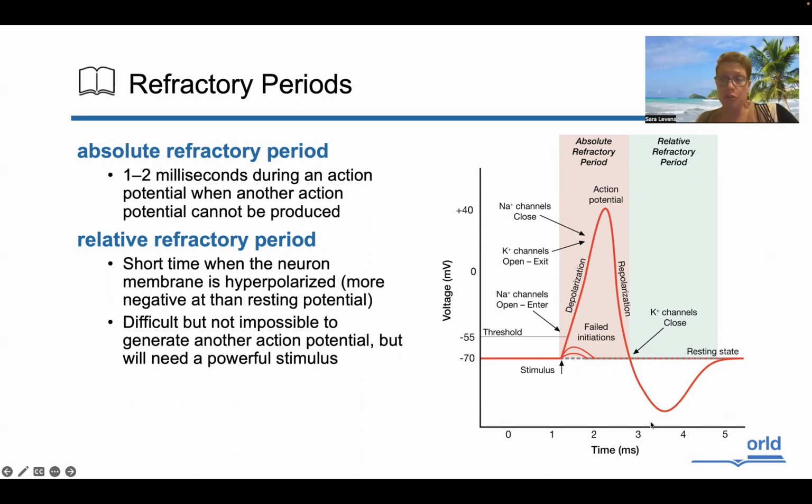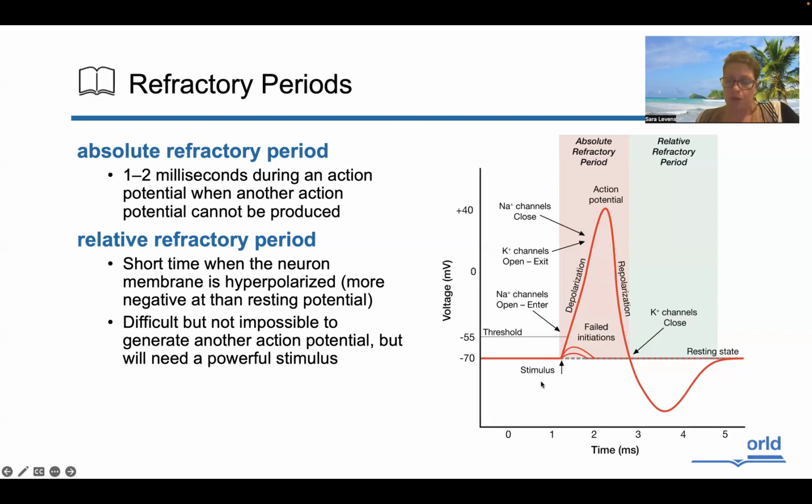It's harder to do so because it becomes hyperpolarized. But this is what's called the relative refractory period. It's a short time when the neuron membrane is hyperpolarized. It's more negative, and it's difficult, but it's not impossible to generate another action potential. But it will need an especially powerful stimulus, or a stimulus at particularly key locations.